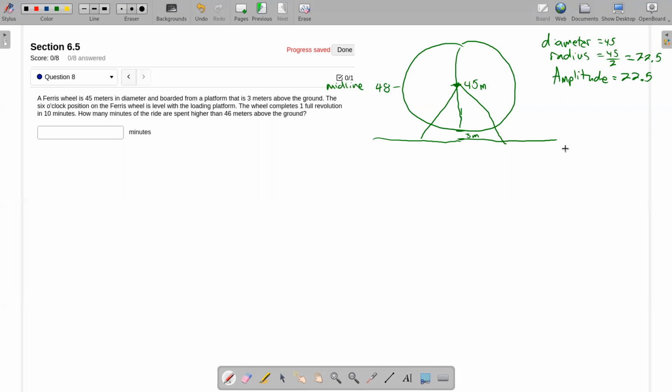We know what else? We have the midline, we have the amplitude. And then let's assume it just starts at the bottom. So right, our min would be 3, our max, oh no, wait a minute. Oh, I wrote that wrong. The diameter is 45. 22.5 would be the center, plus 3 would be 25.5. 48 would be our max up here.